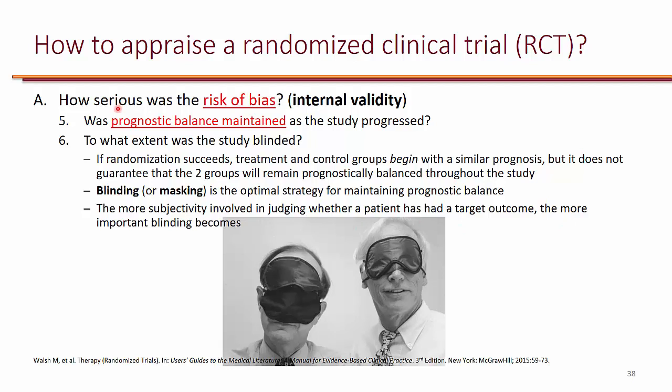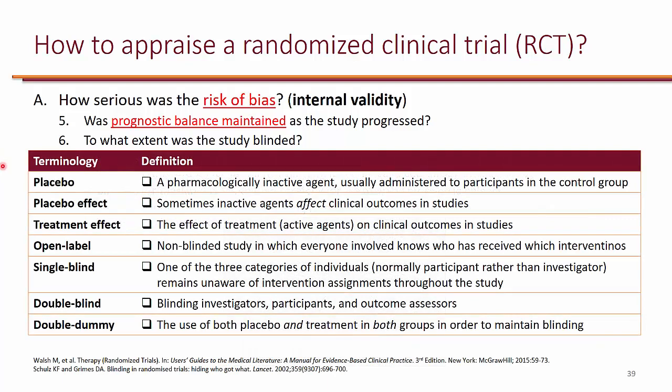So that was at the beginning. So once the study has actually started, we have to make sure that the balance between the two groups is maintained during the study. And that's how blinding comes in, or sometimes referred to as masking. So the best way to do it is by doing a double blind. Of course, sometimes studies are not blinded, so we refer to studies that are not blinded as open label.